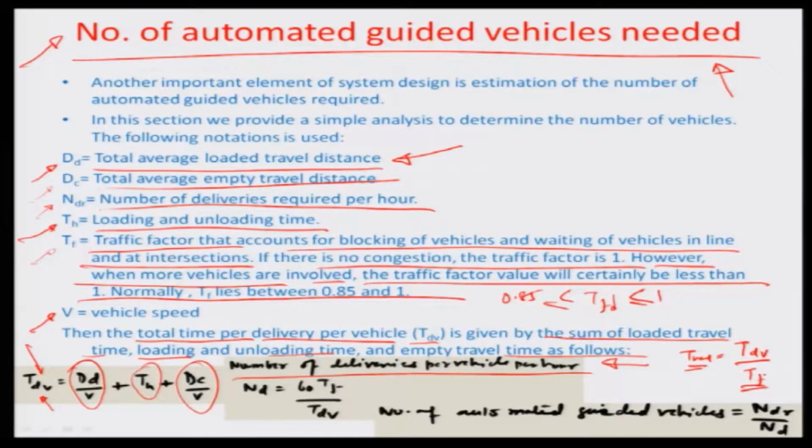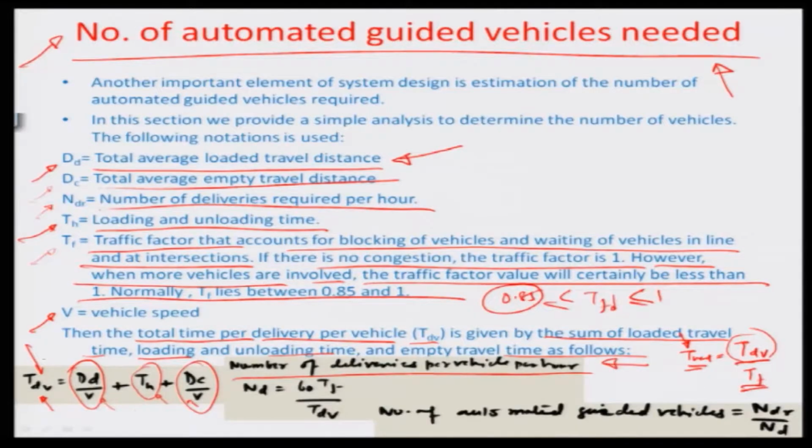So if there is a low TF value, obviously the real time of the delivery would actually be higher than the total time of delivery that is needed only by looking into the loaded distance, unloaded distance and the loading unloading time summation.